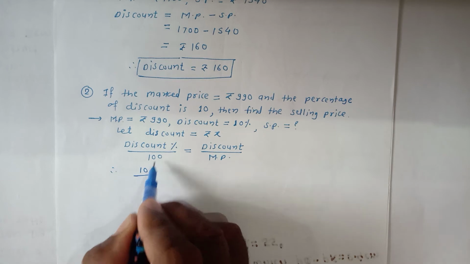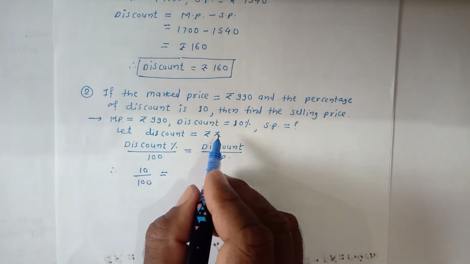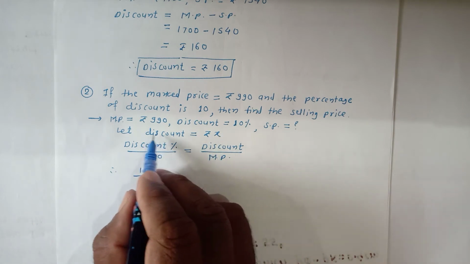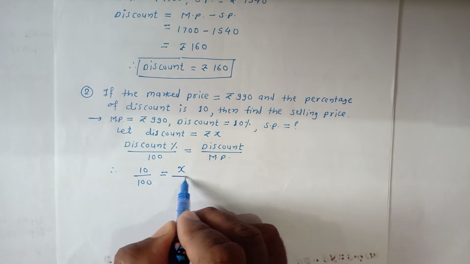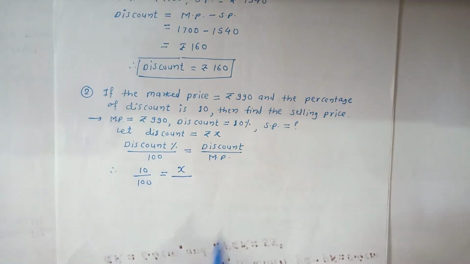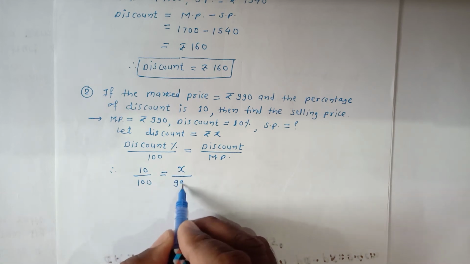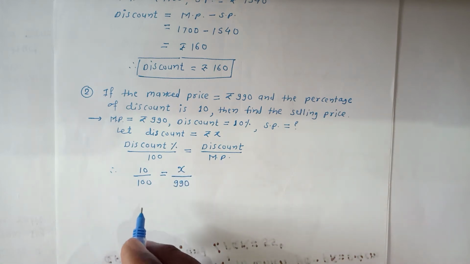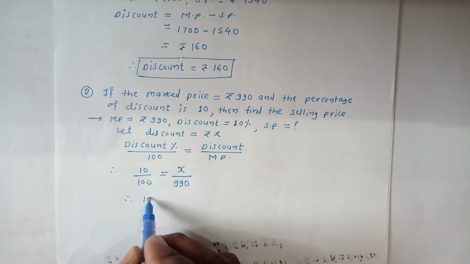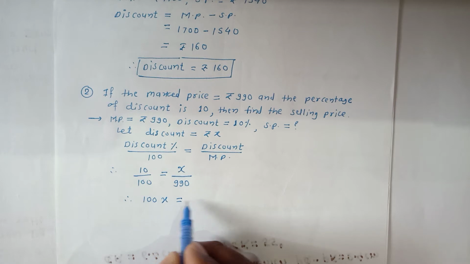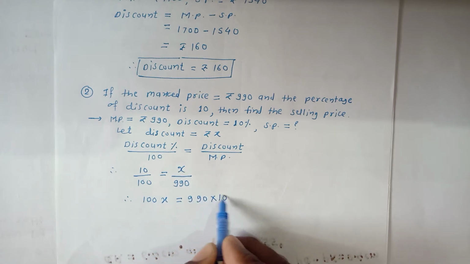Therefore 10 upon 100 is equal to the discount to be found out, let it be x, so write x as discount upon MP. MP is 990. Therefore take cross multiplication: x into 100, that is 100x is equal to 990 into 10.